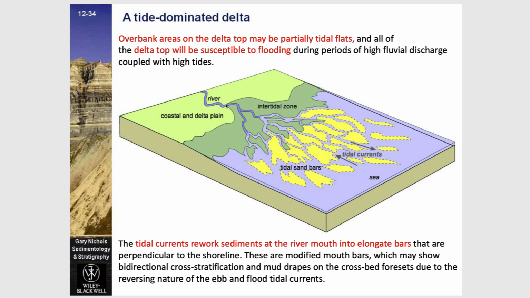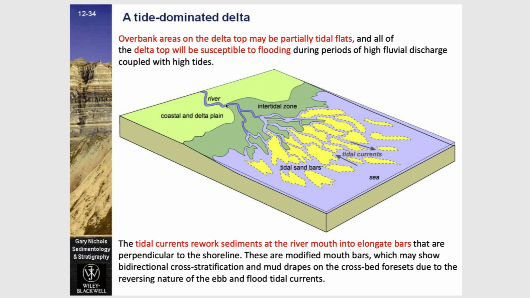So in this case, overbank areas on the delta top become essentially partially tidal flats, so areas that are flattened by the action of the tidal flows and characterized by abundant muddy materials in many instances.